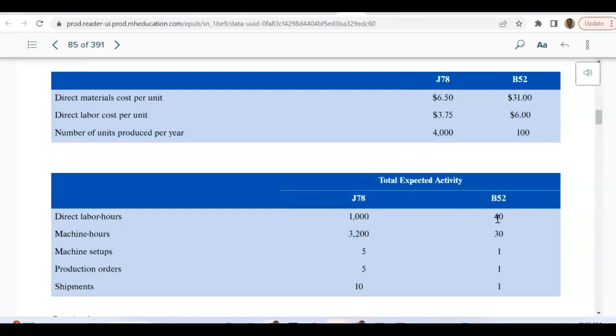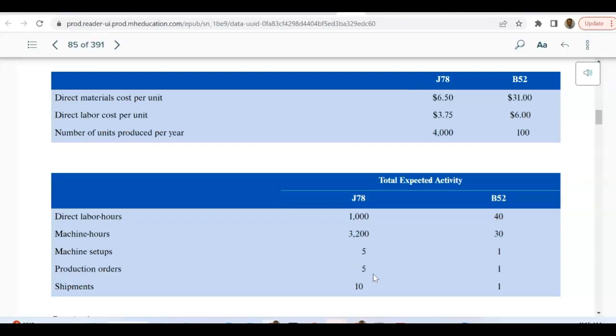For B52 it will be 40 hours of labor. Machine hours will be 3,200 machine hours expected activity. But B52 needs only 30 machine hours. Setup, J78 needs 5 setups, but B52 only 1 setup.